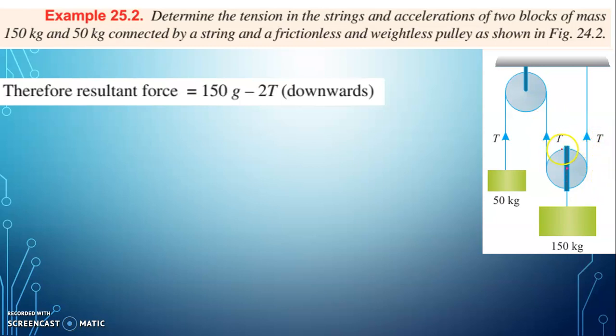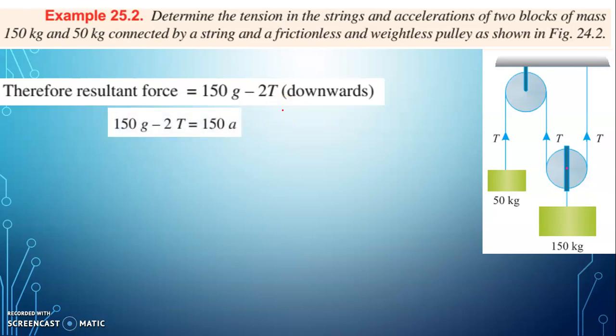Because two ropes are there, each having tension T, the total upward force equals 2T. As the body is moving downward, 150 into g is taken as positive and 2T as negative, and that will be equal to 150 into acceleration.